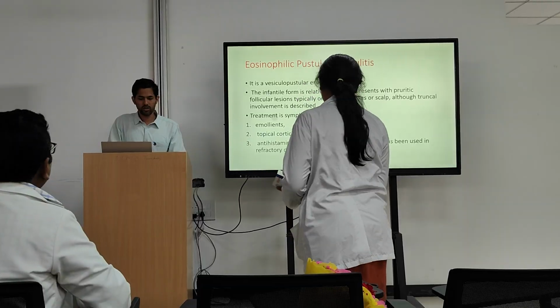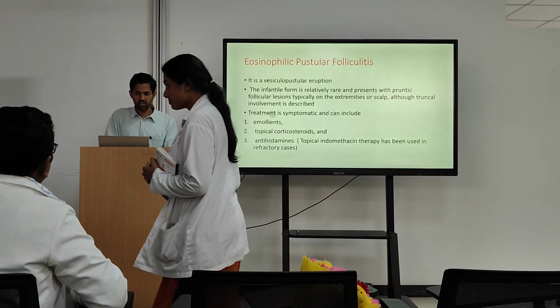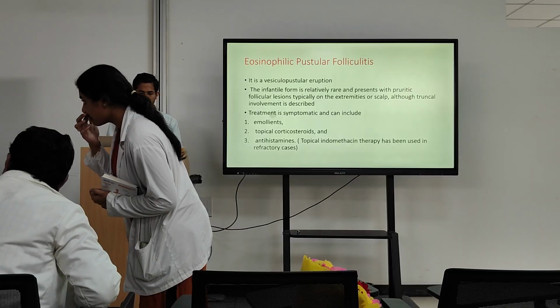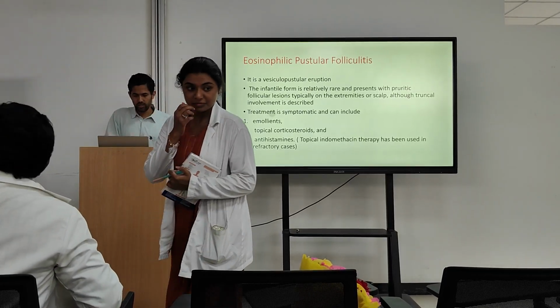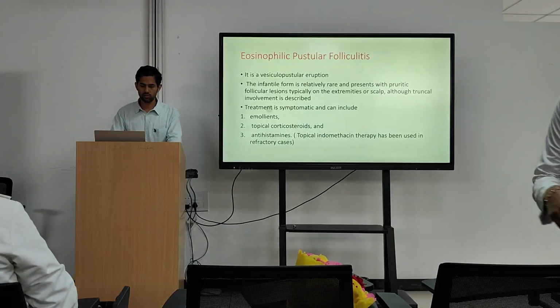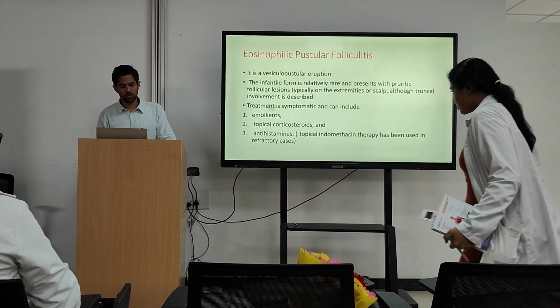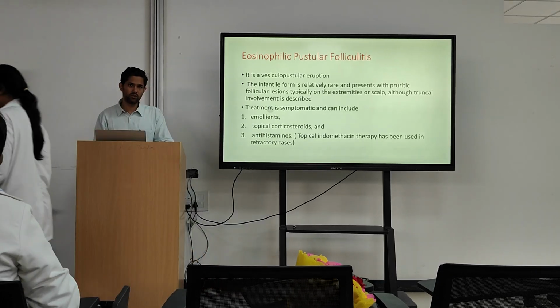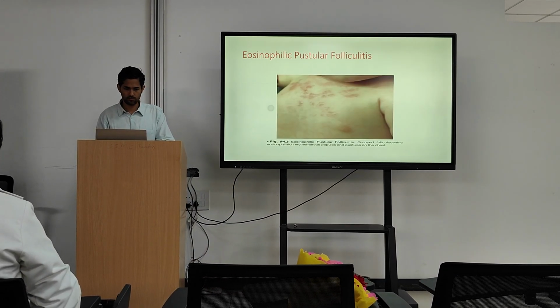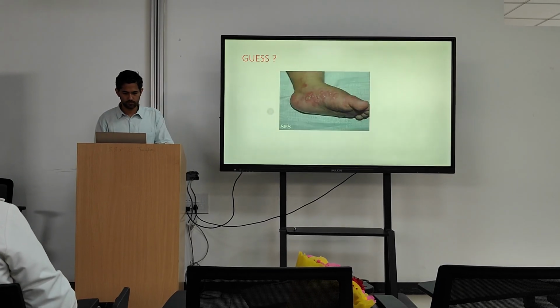The infantile form is relatively rare and presents with pruritic follicular lesions, typically on the extremities and scalp, although truncal involvement is described. Treatment is symptomatic and includes emollients, topical corticosteroids and antihistamines. Topical indomethacin therapy was used previously. So this is eosinophilic pustular folliculitis.